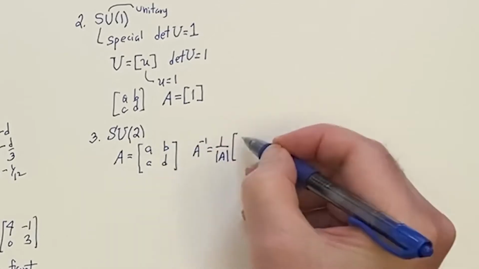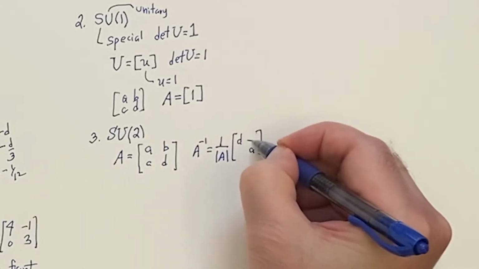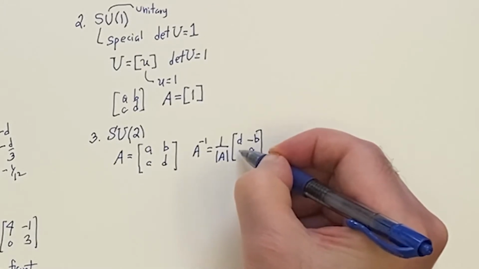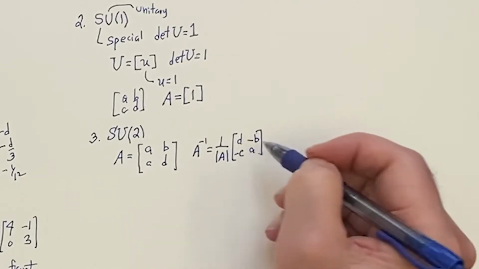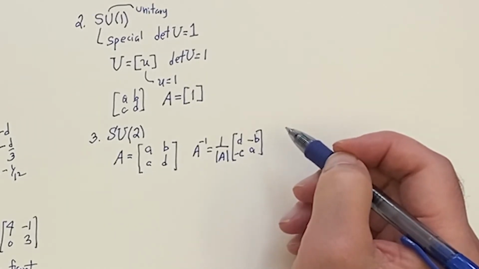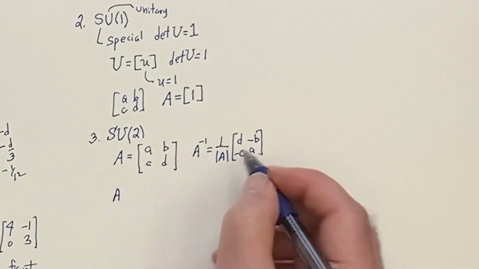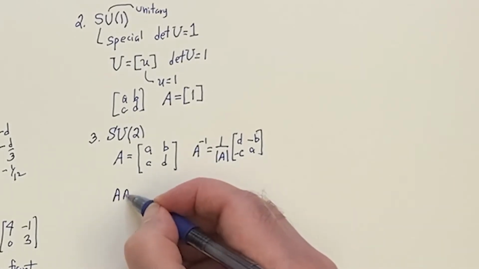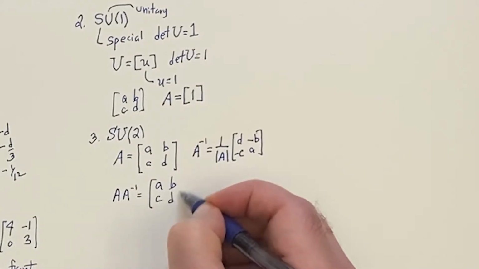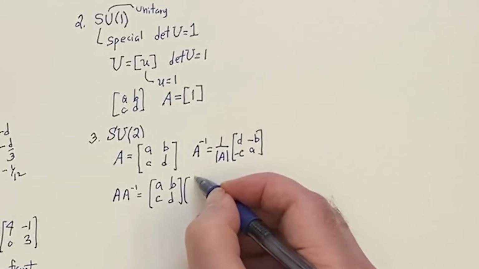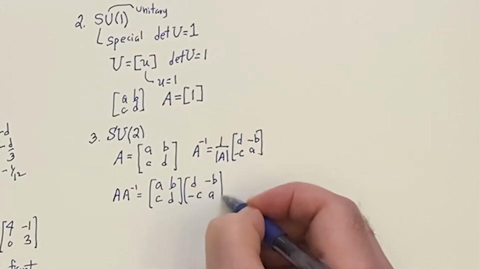And remember here we swap the D and the A, and we put minus signs in front of the other components. That's our prescription to find the inverse. Now you might want to say, well, you really didn't prove it for that other case. But if I go ahead and do this, A, B, C, D, and this is D, minus B, minus C, A, I'll just go ahead and see if it works.